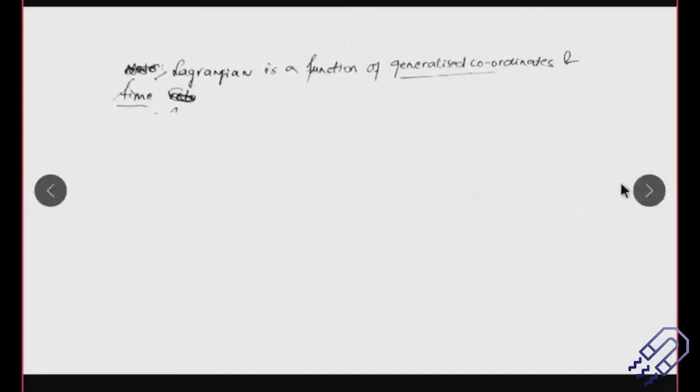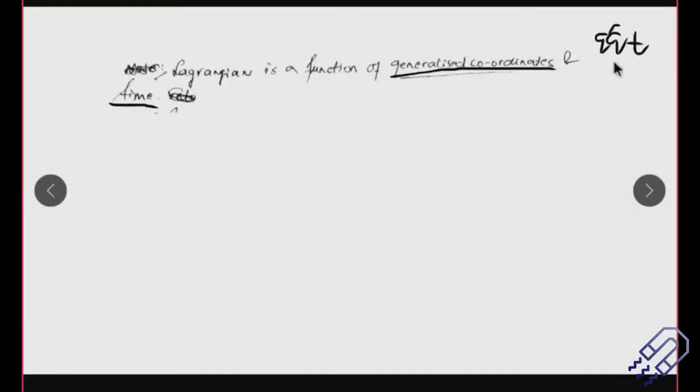The first thing: the Lagrangian is basically a function of generalized coordinates and time. This is something you already know; I've just written it on screen. If we consider this Lagrangian, it is a function of q, q dot, and time.